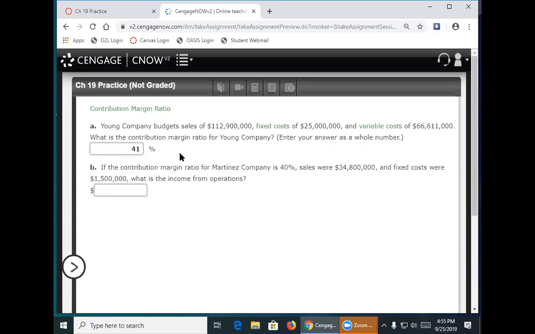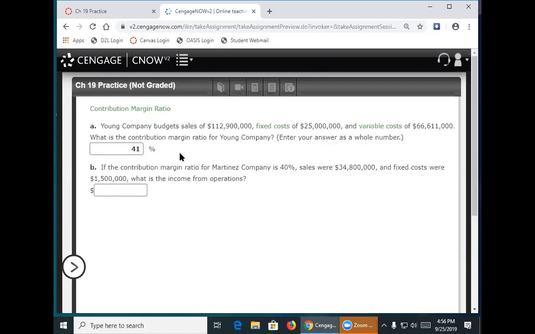Our contribution margin is sales minus variable costs, and we were able to calculate it given the contribution margin ratio. Basically what it's saying is that our variable costs are like 60% of our sales.